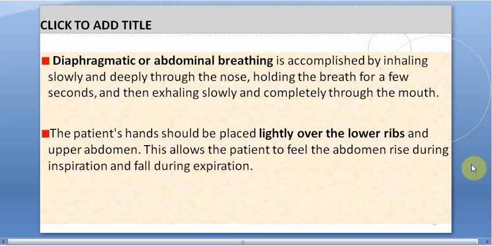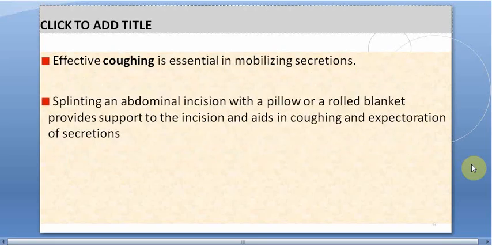Next, the patient's hands should be placed slightly over the lower ribs and upper abdomen. This allows the patient to feel the abdomen rise during inspiration and fall during expiration. That is also one way in which you can teach your patient.